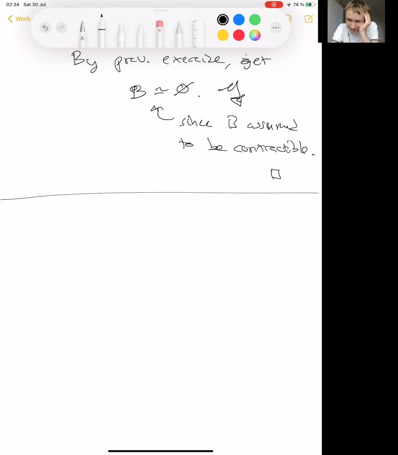But I think this is the case constructively too. That's the intuition you should have at least. Well, at least if A and B are both provably non-empty, then A plus B can never be contractible. I think that's the best I can give you.